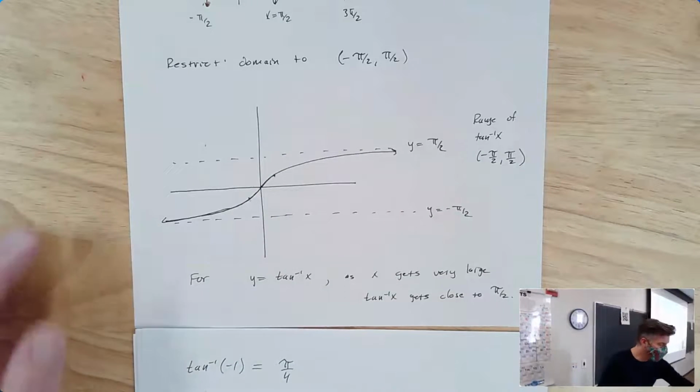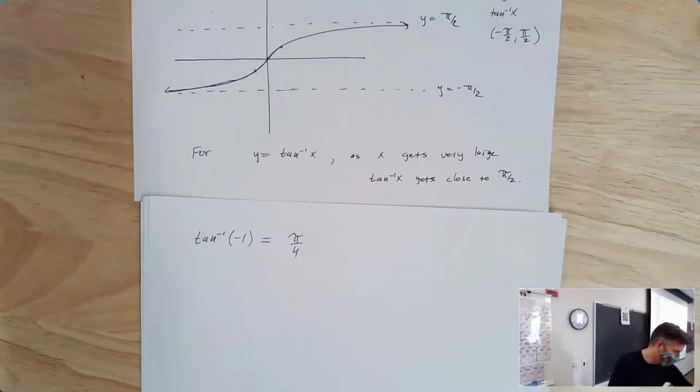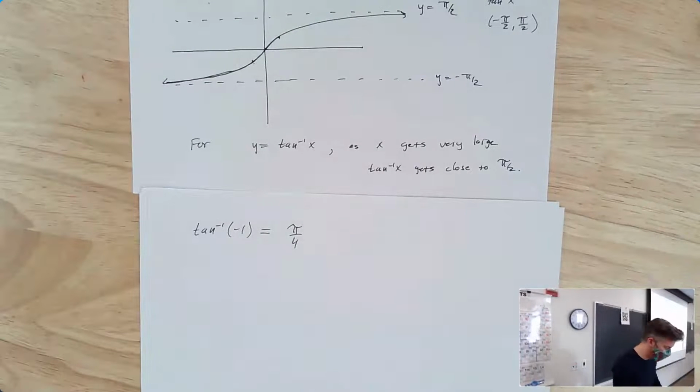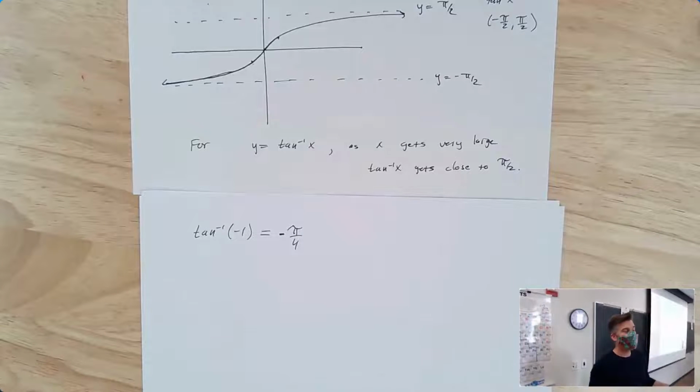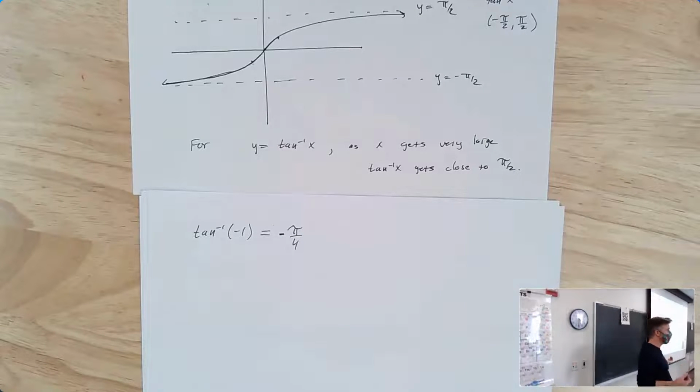So the only valid choice when you're trying to find the inverse tangent of negative 1 is negative pi over 4. So this is the nice thing about inverse sine and inverse tangent. If you know what inverse sine of the positive value is, or inverse tangent of the positive value is, you automatically get the negative one just by throwing on a negative.